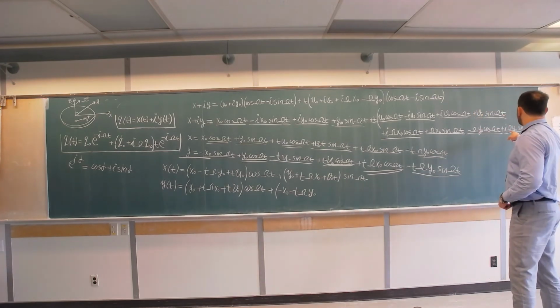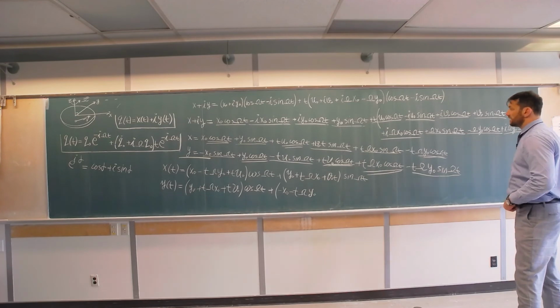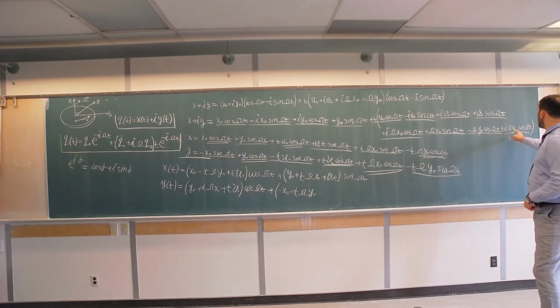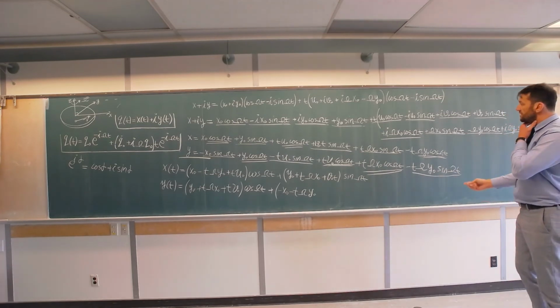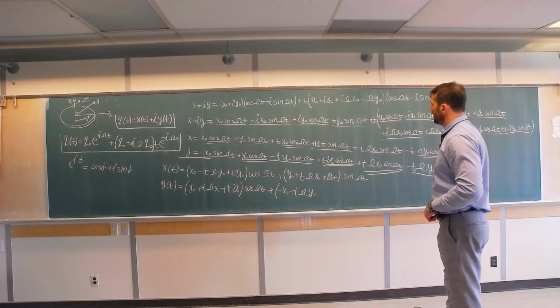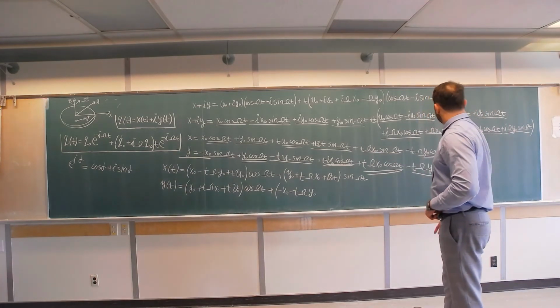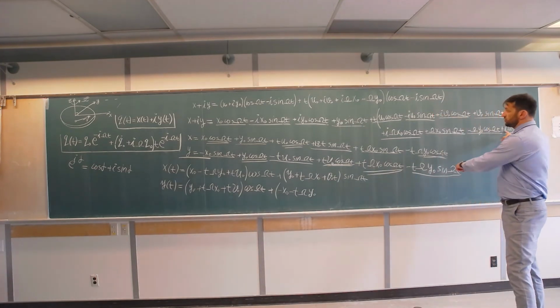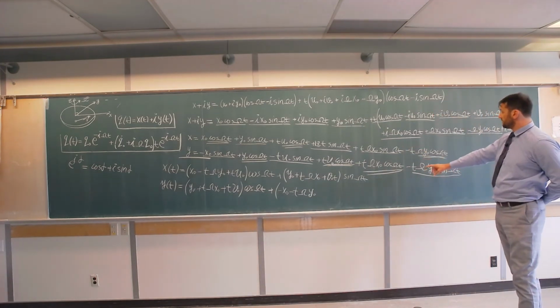That is i omega y naught sine omega t. Where is that? You see, when you're doing things live, you try to do this live. So because it's i, it has to be in the y equation.